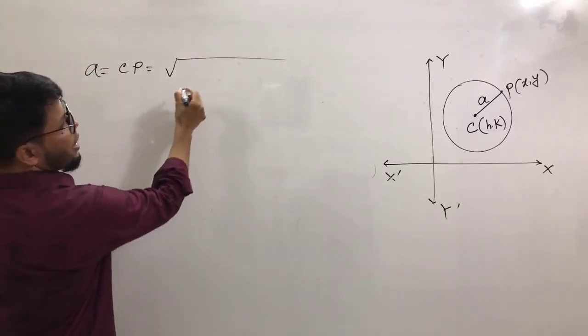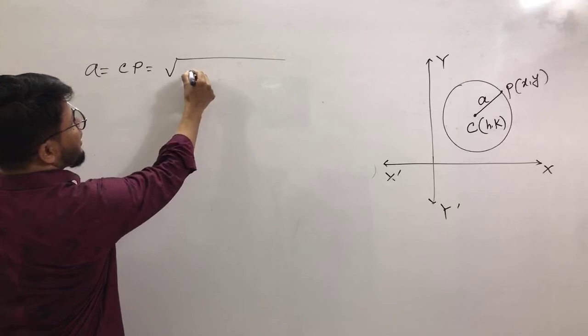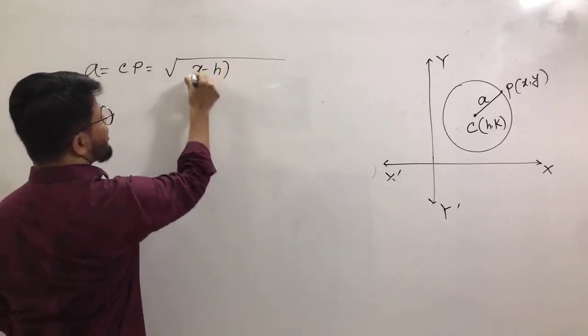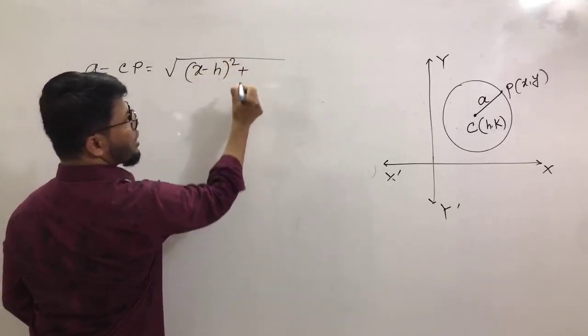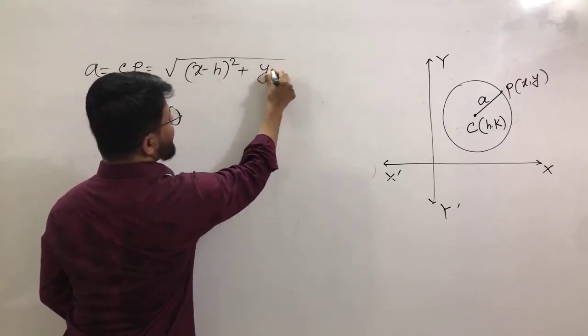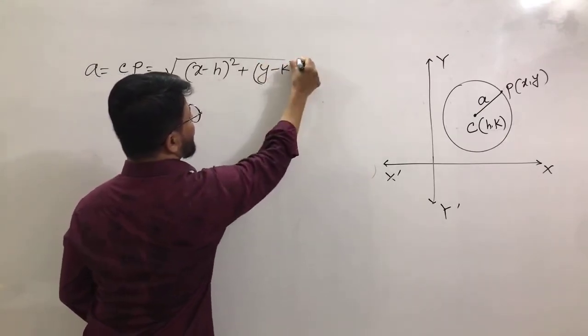From the coordinate geometry we can write x minus h whole square plus y minus k whole square.